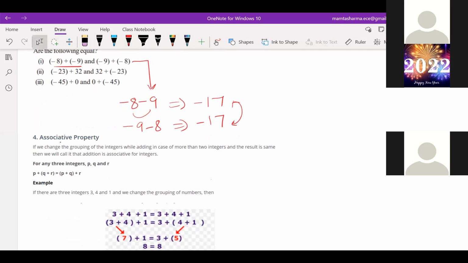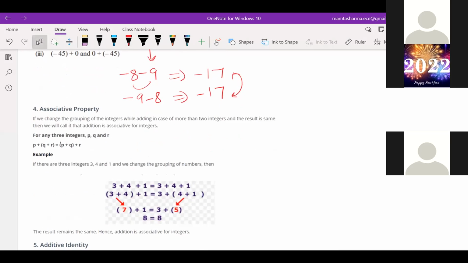Please be on mute. If I ask you, then only you have to answer. Associative property means, if we are adding three integers, associative means grouping.